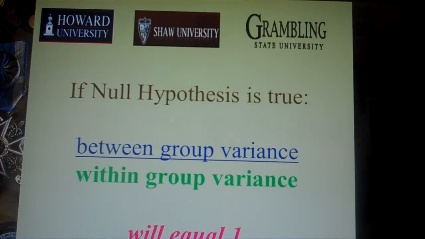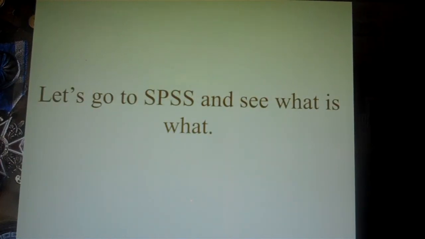They perform the exact same way on the how much time do you study question. However, if they are closer to each other but different from the other group, then we can reject the null because it will not equal 1. Let's now go to the SPSS.